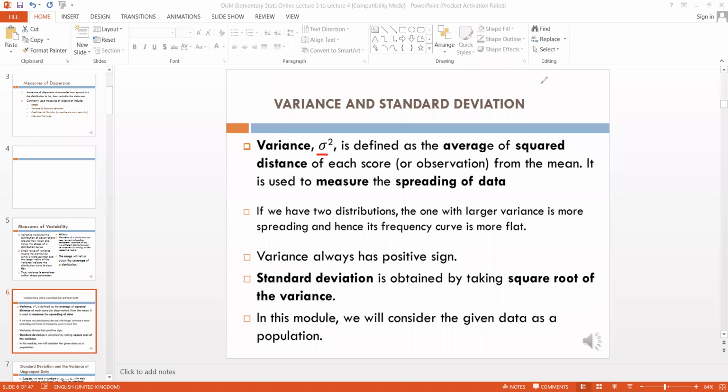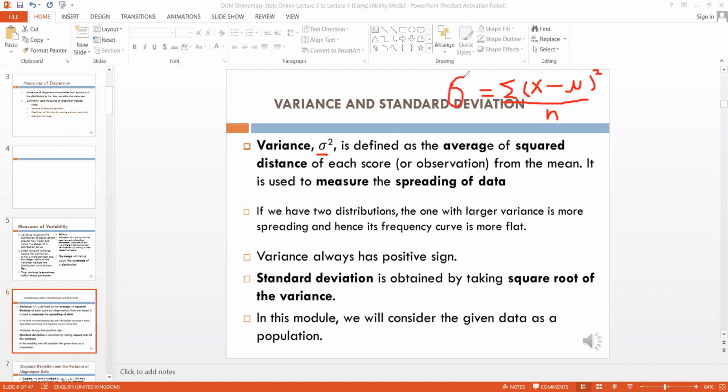If you find the distance of the data from the mean and square it, and sum the quantity over n, the variance is the average squared deviation of the observations from the mean. So that is sigma squared.